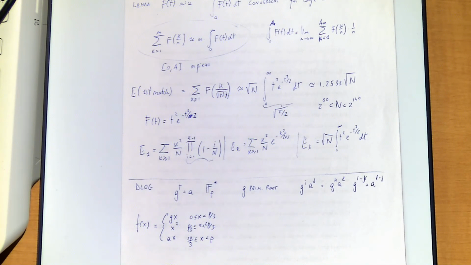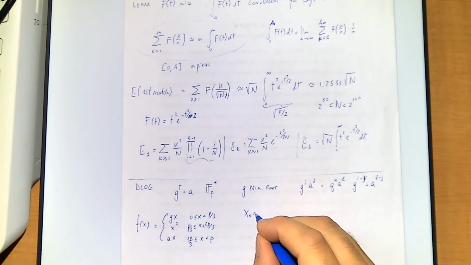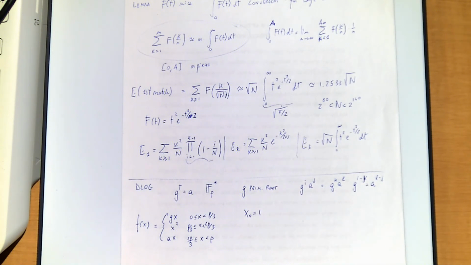Here is the fascinating part. Suppose that we start from the simplest point I can, x0 equal 1. This is an important step. At each step, we either multiply by g, multiply by a, or square the element.